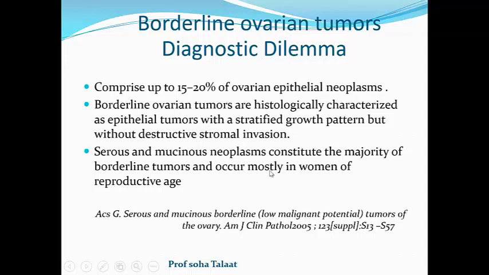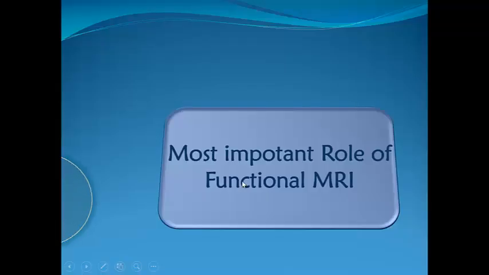So in most of these cases, there is no metastasis, but they are liable to local recurrence. Serous and mucinous neoplastic lesions are the majority of these borderline ovarian tumors, occurring mostly in women in the reproductive age, and this is very important because we have to spare the fertility in these cases.